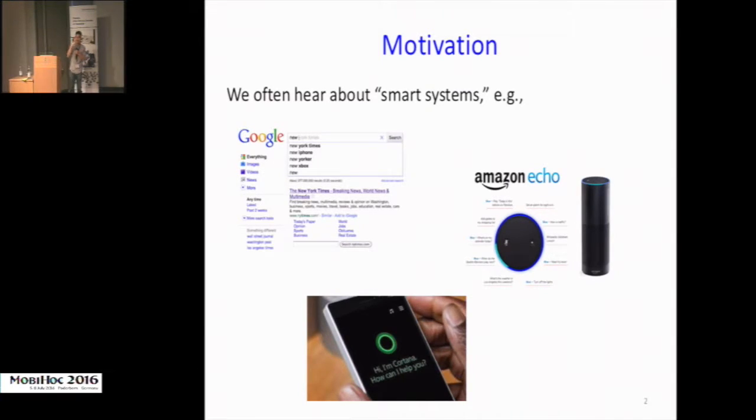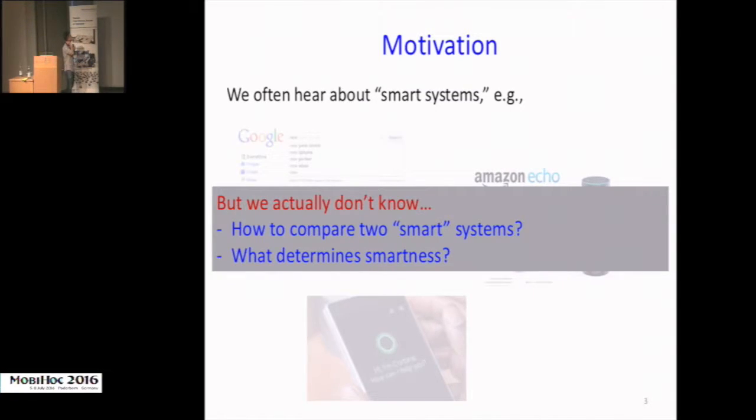But then, despite all these sort of success in the industry, we somehow still have many questions for which we don't know the answers. For example, here we look at two of them. The first one is, suppose I give you two systems that are claimed to be smart. How would you compare them?